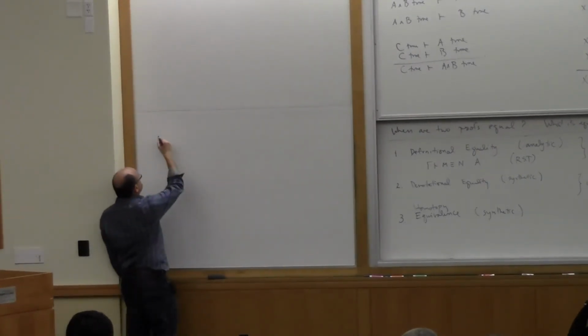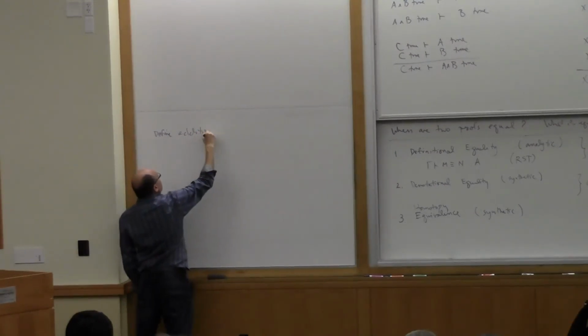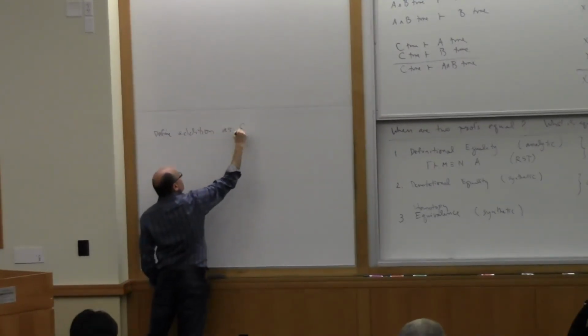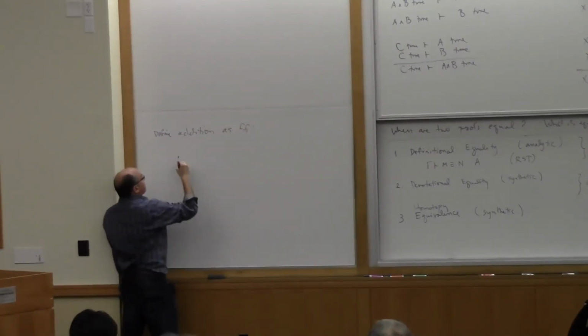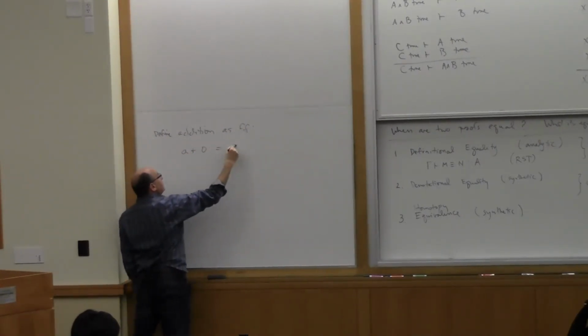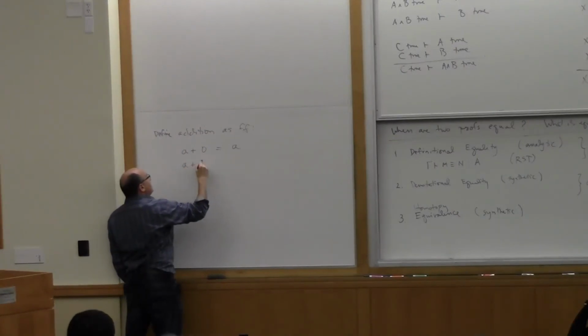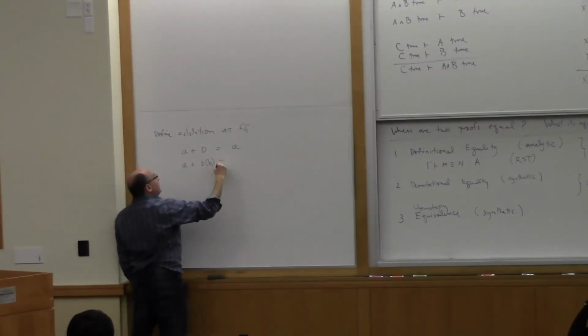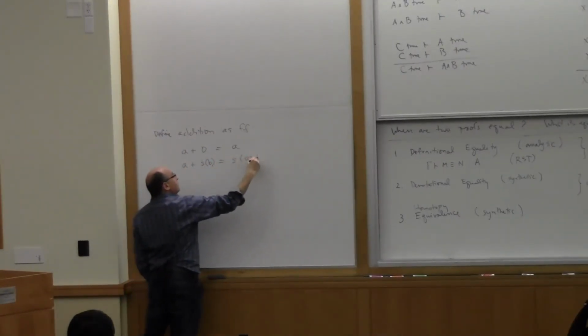But here is the idea. Let's say we define addition by recursion equations as follows. They'll say a plus 0 is equal to a, and a plus the successor of b is the successor of a plus b.